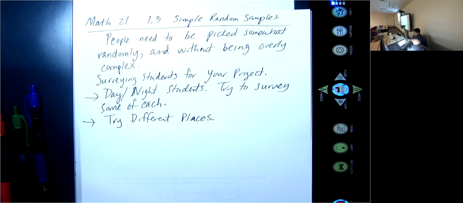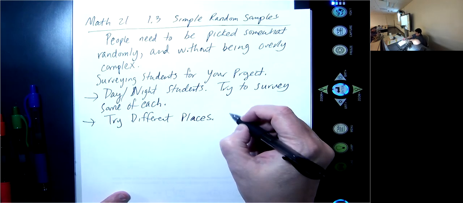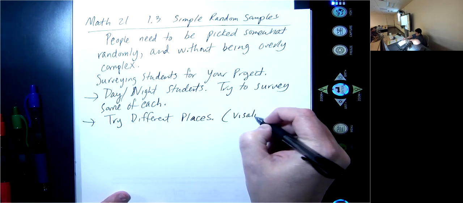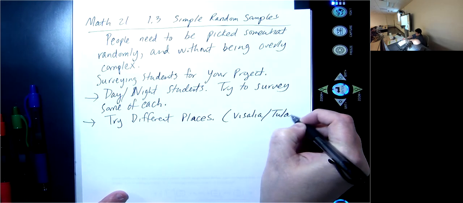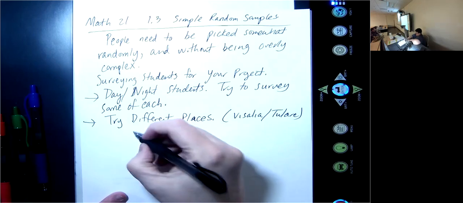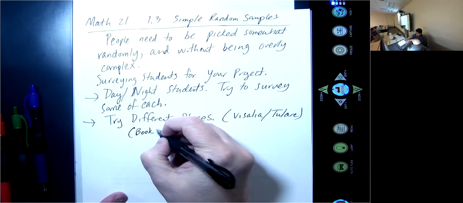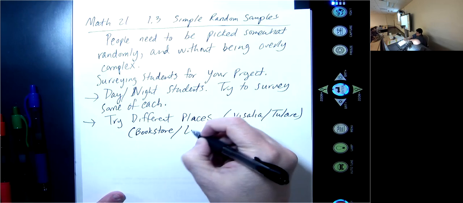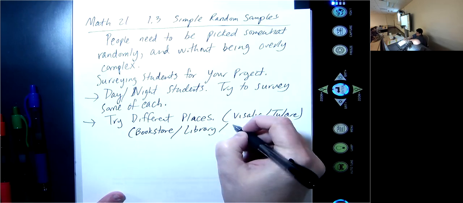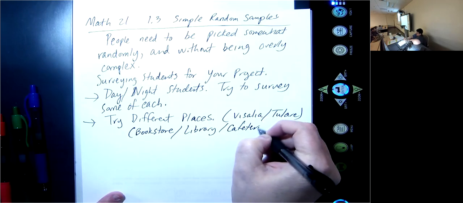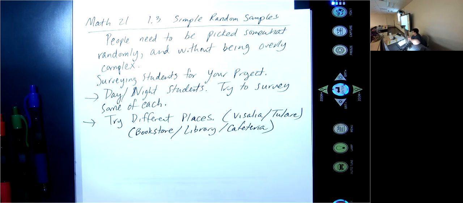Different, and if you can, do Visalia and Tulare. We've got a couple different places. Maybe bookstore, if you're near the bookstore, front of the library, cafeteria, etc. Don't do them all, don't do the same spot.